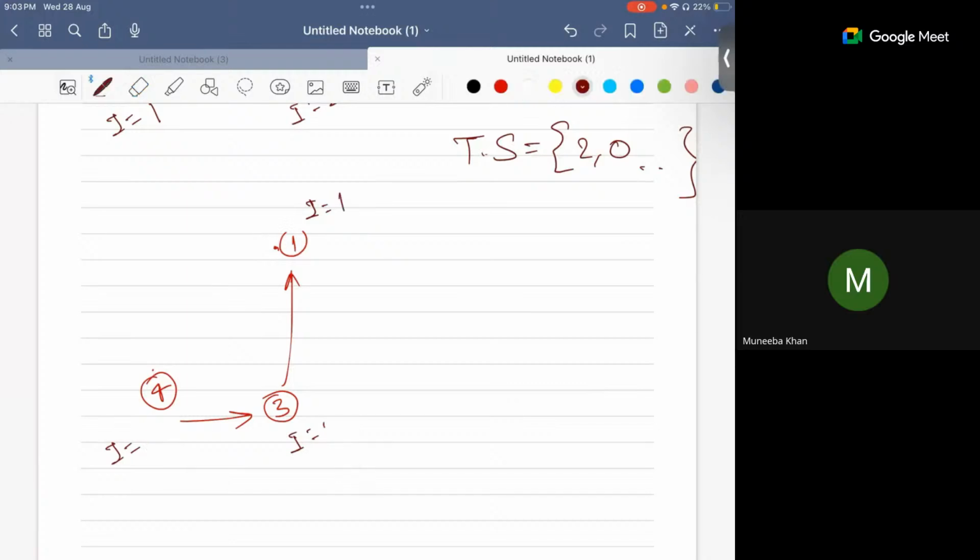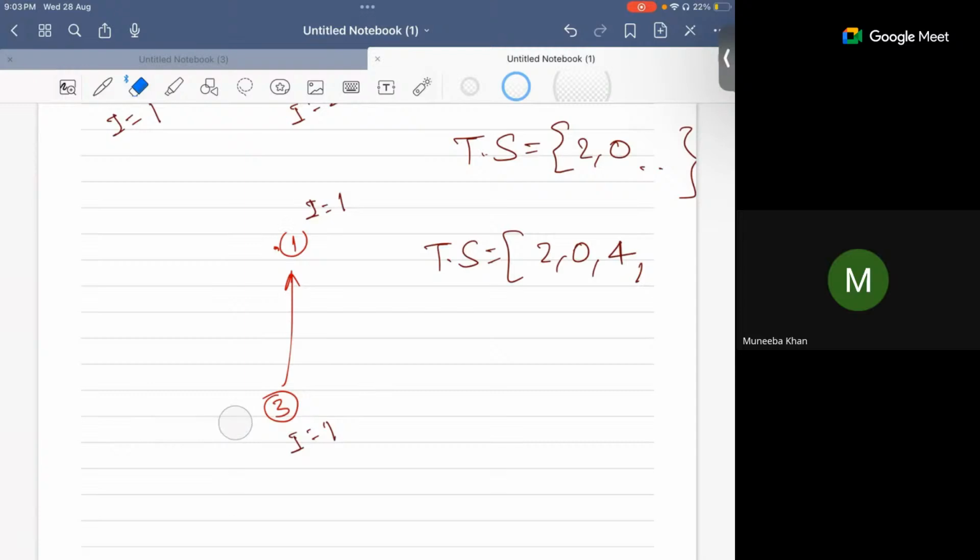What is the in degree? 1, 1, 0. Correct? Whichever vertex has in degree 0, we put it in the topological sorting, right? So 2, 0, and now we have 4. After that we remove this vertex with the edges connected to that 4.